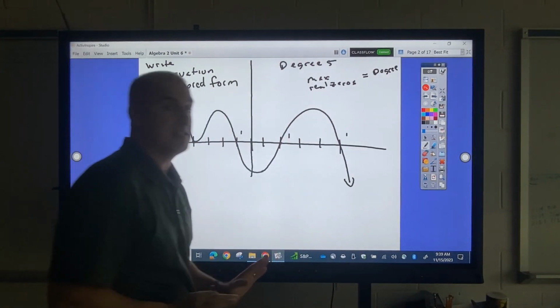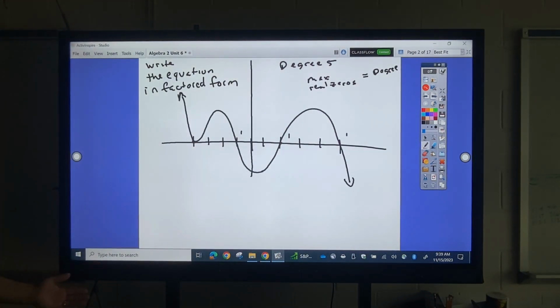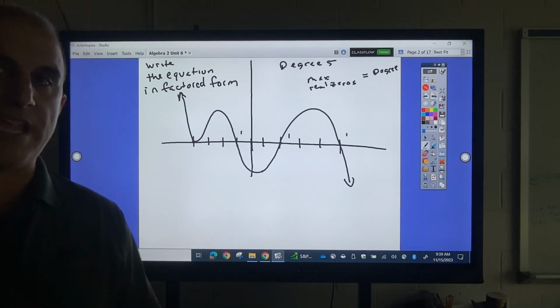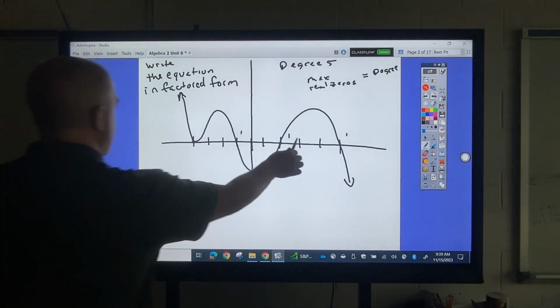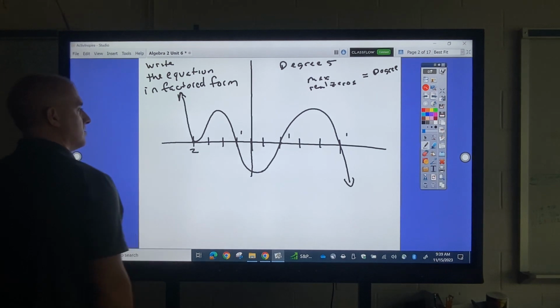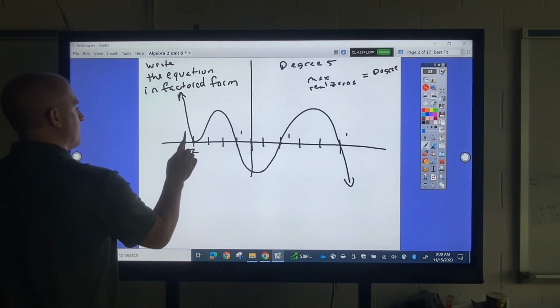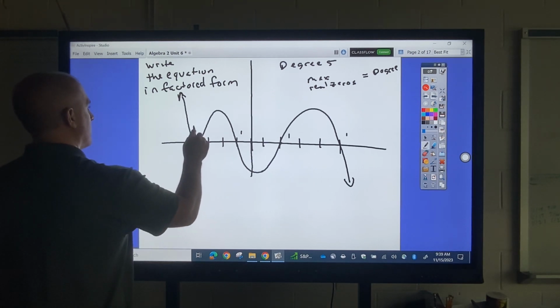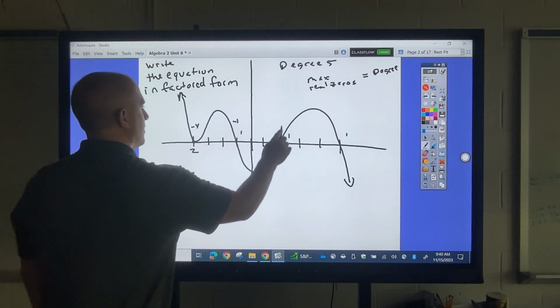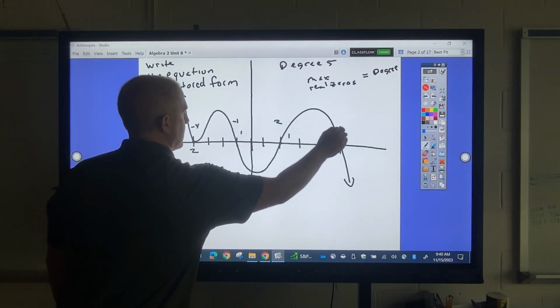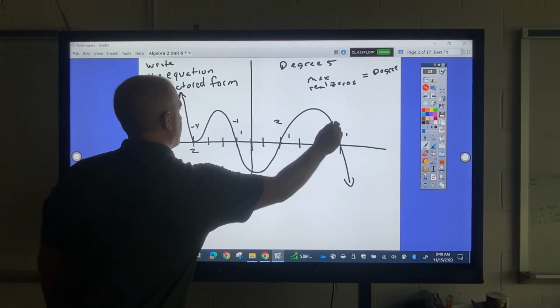It could be less. You can have 3 real zeros, 2 imaginary. We'll get into that later. So if this is 3, what's the only one this can be? 2. So this crosses at -4, this crosses at -1, this crosses at 2, this crosses at 5.